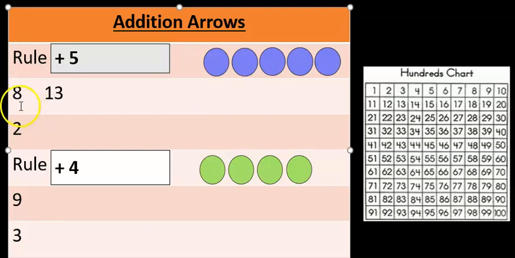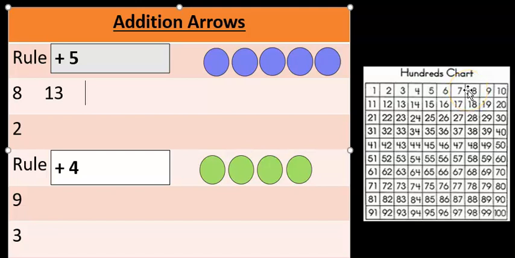And then you're going to come back here to 8. You're going to look back here on the hundreds chart. Find number 8, which is right there. Now, what does your rule say up here? Plus what? Plus 5. So you're going to come back here to 8.